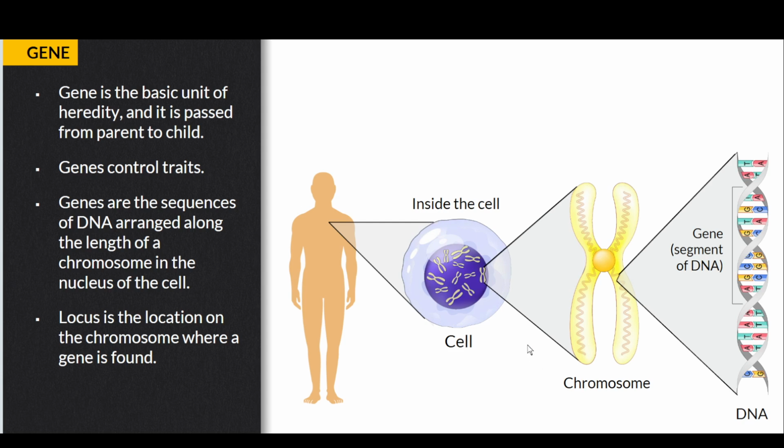Inside the cell, you can represent the nucleus. Inside the nucleus, you have chromosomes. Inside chromosomes, you have DNA. But write this: gene is the basic unit of heredity, and it controls traits.